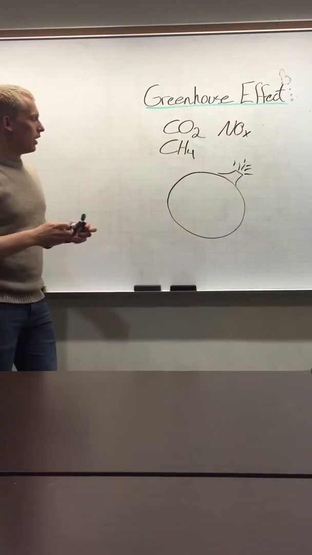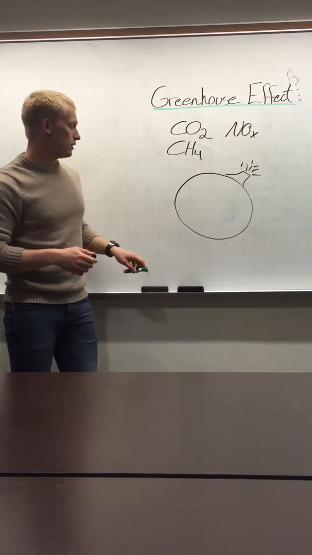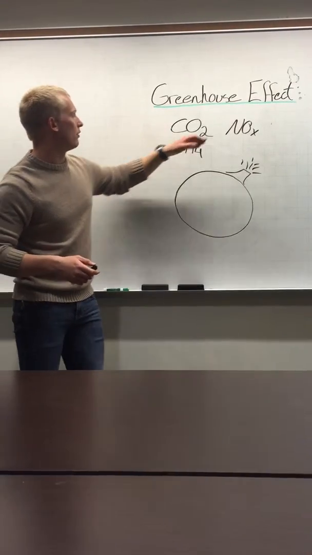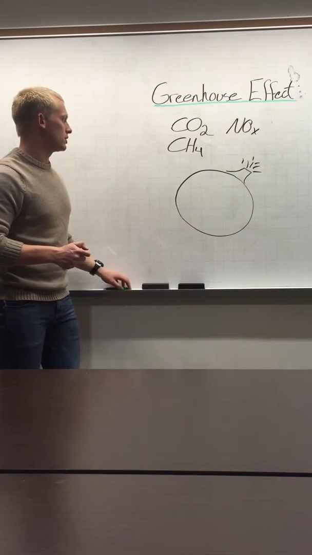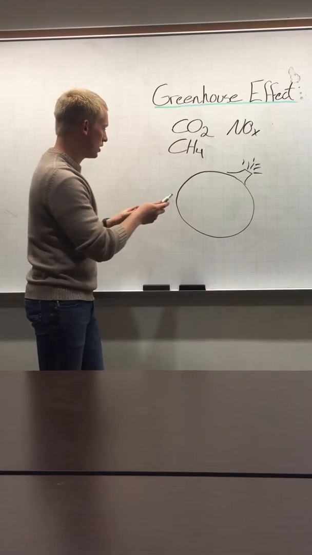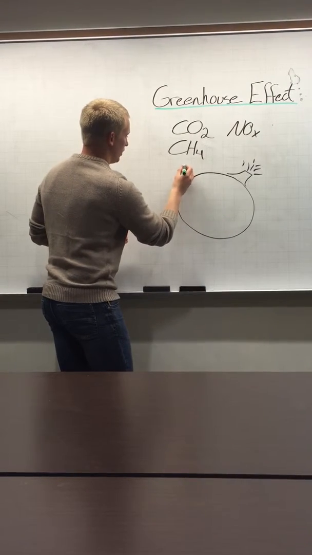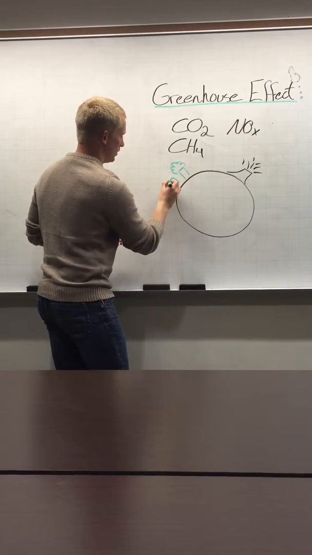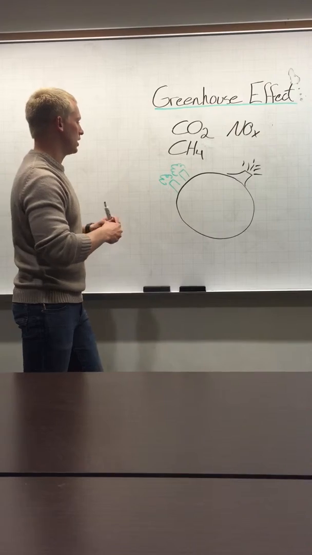Now I'm going to tell you, volcanoes release a lot of these gases into the environment. And we also had a big forest with a lot of trees on this side of the planet, and somebody came in and cut down a lot of these trees.